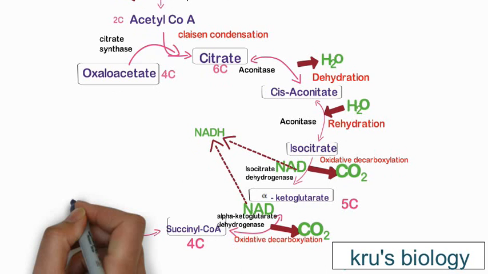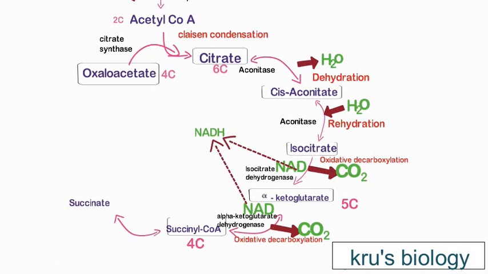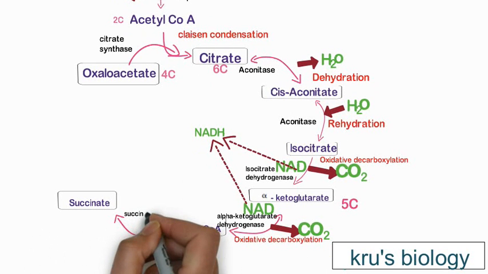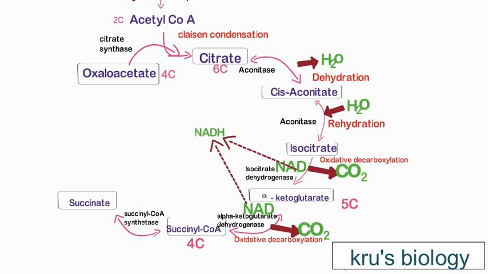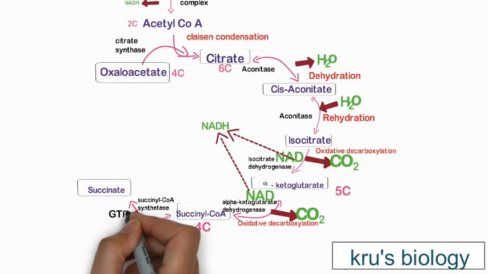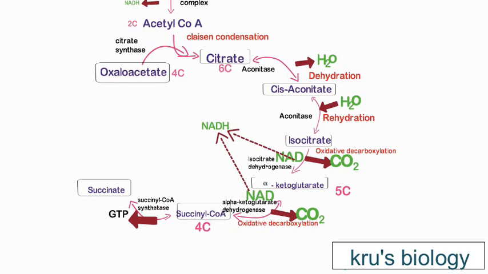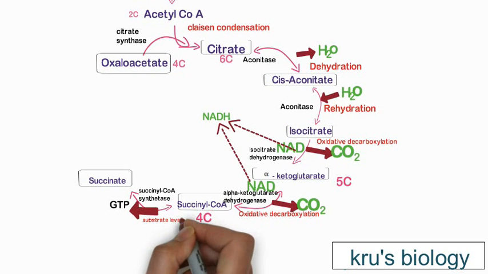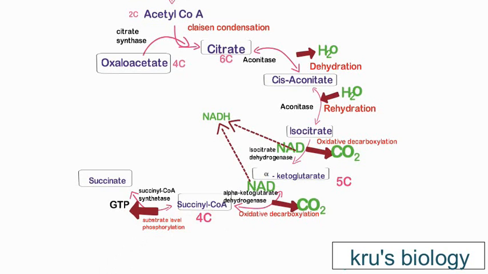Succinyl-CoA is converted into succinate via the enzyme called succinyl-CoA synthetase. This process gives rise to one GTP molecule, and it is also called substrate level phosphorylation.